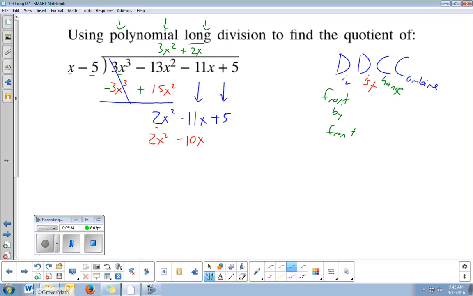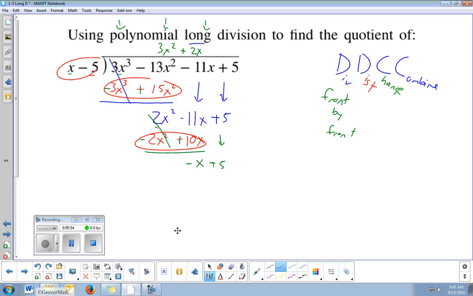I change the signs. These cancel out as they should. These do not, to get me negative x, or negative 1x. Bring down the next piece, plus 5. When your divisor is a binomial, you'll be working in binomials, because when you distribute, you get a binomial.